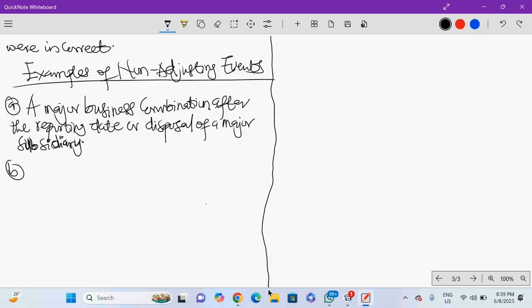Then we can talk of announcing a plan after the reporting date. Like you are announcing a plan that you will do something.